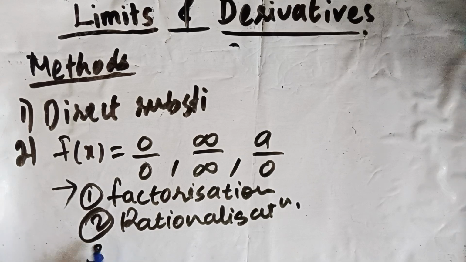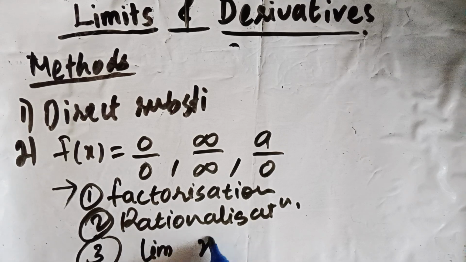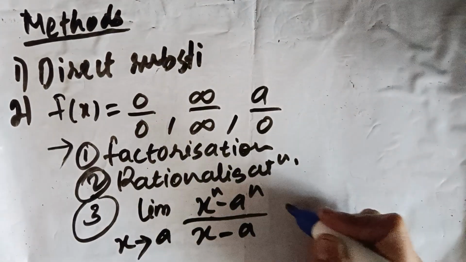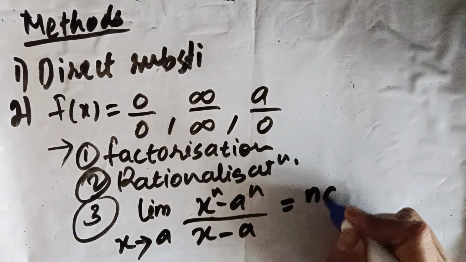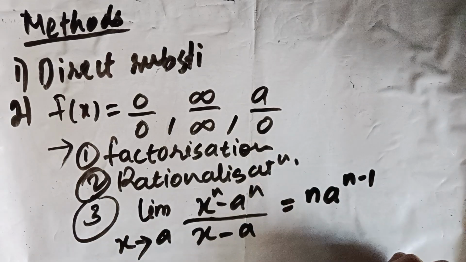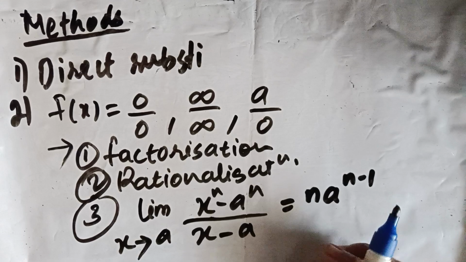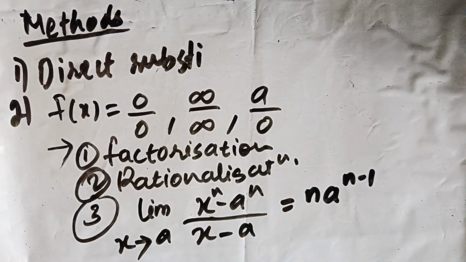Or you can use some standard methods like limit as x tends to a of (x raised to n minus a raised to n) upon (x minus a) equal to n a raised to n minus 1. And there is one more method also that we'll see later. So we'll see these methods one by one.